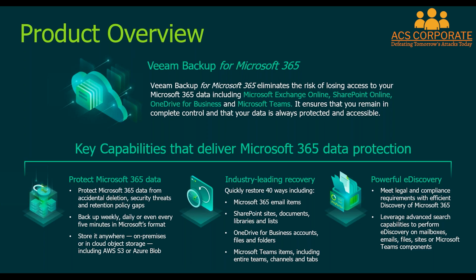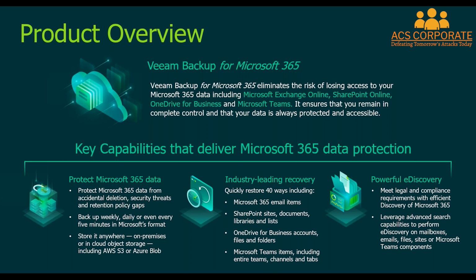Of course, there are a lot of ways to restore your data. For example, you can restore an email or several mails, SharePoint sites, documents, libraries. If we're talking about OneDrive, of course, files and folders, and Microsoft Teams, including public channels and tabs.